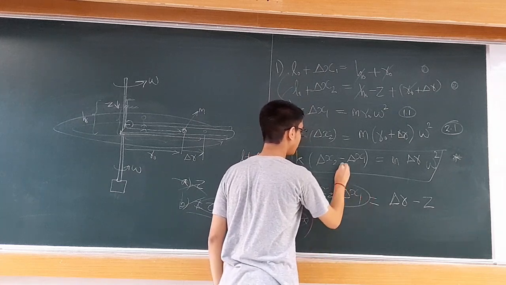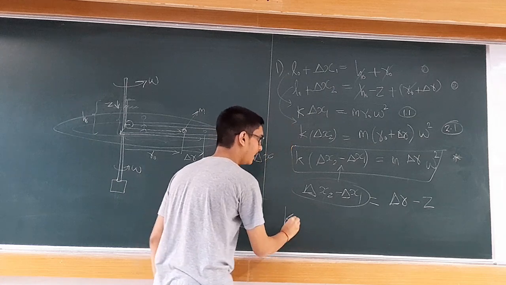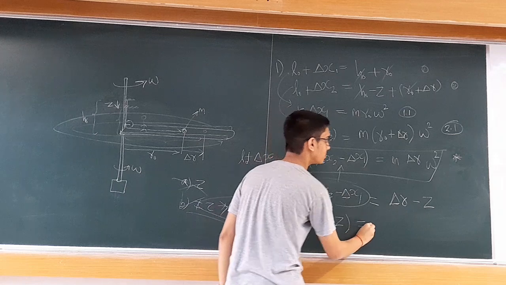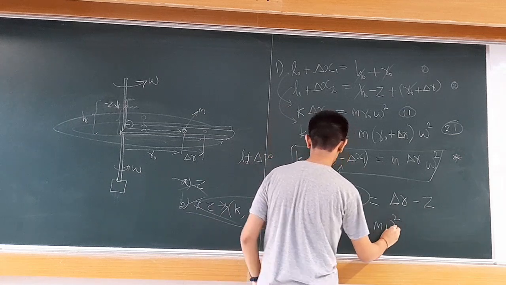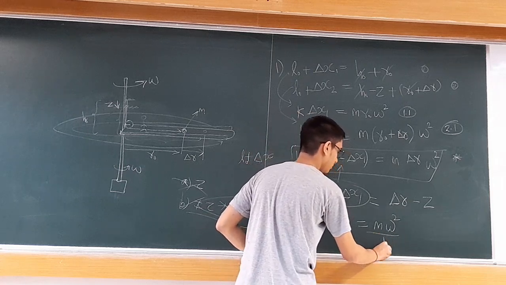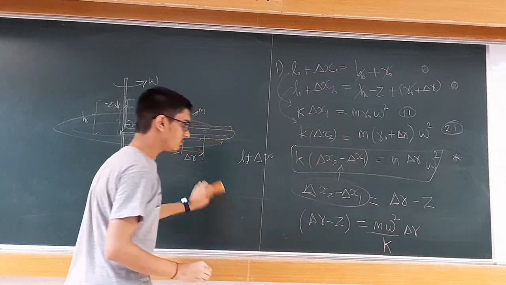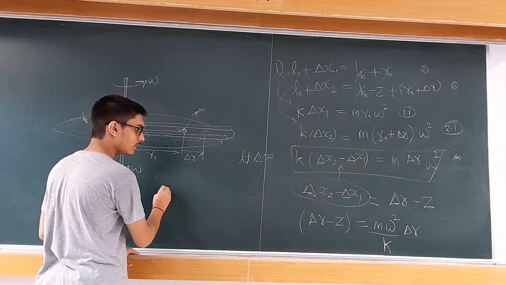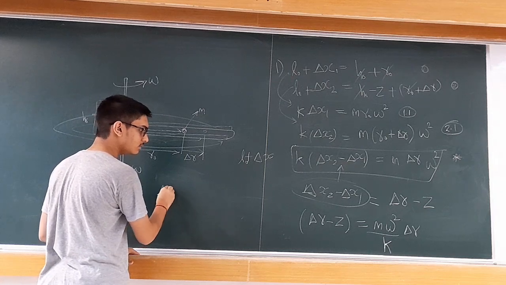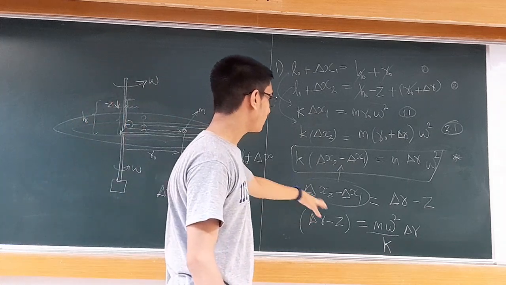Put this value into this. So what I effectively get, K times delta r minus z is equal to m omega square delta r. So I divide by this K here. Have I done it properly?